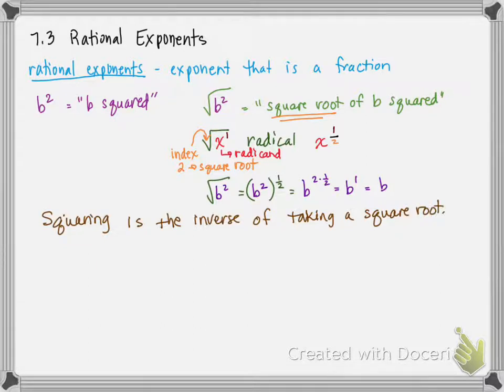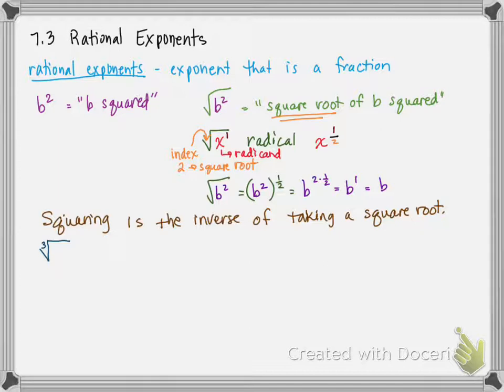Okay, so this isn't just applied to square roots where the index is a 2, it applies to any kind of root. So let me show you a cube root. Once it's not a square root, where the index is 2, and nobody has to write that 2 there, every other index has to be included, otherwise it's just going to be a square root.